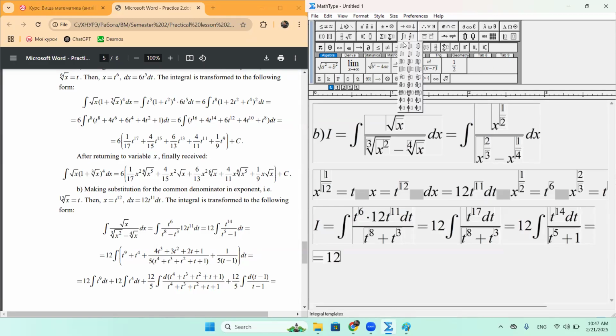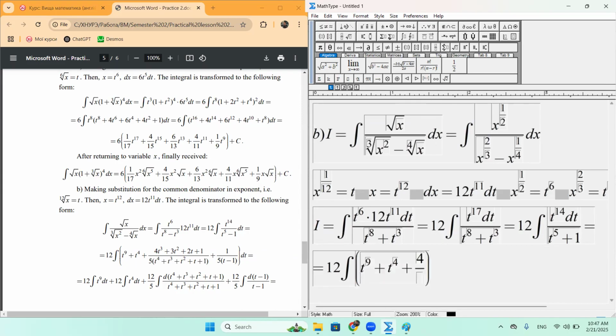So 12 integral of t in power of 9 plus t in power of 4 plus such an interesting fraction. If you look attentively at it, you will notice something convenient, so that this fraction does not look so scary.